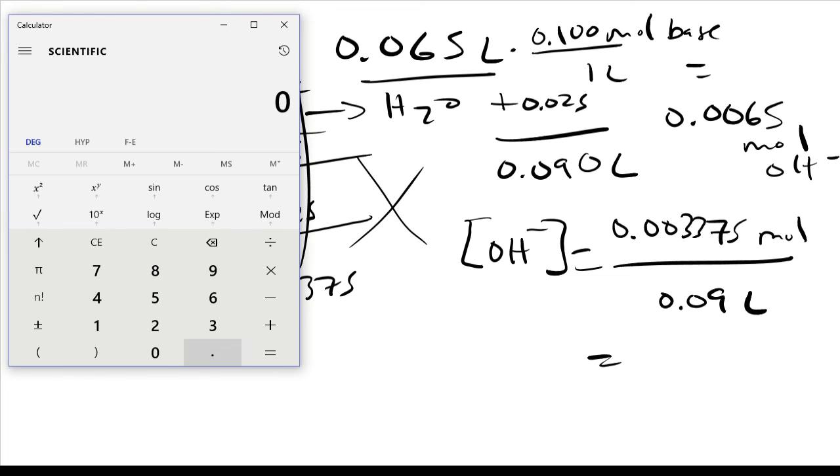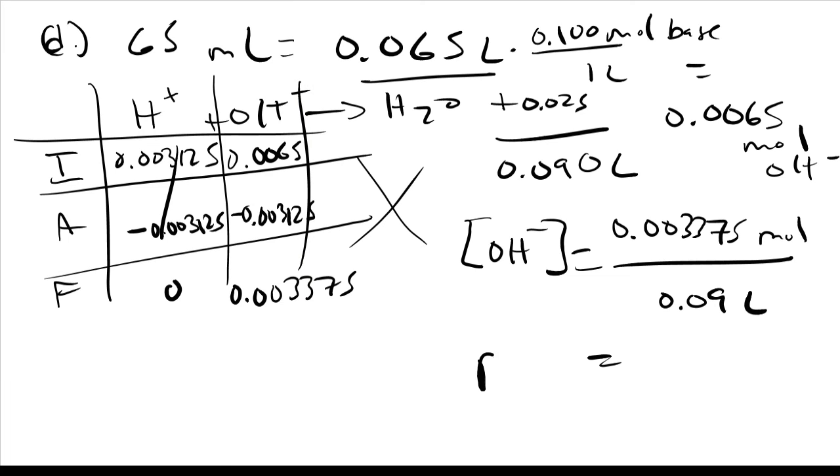Okay, clear that out. Okay, so 0.0375, and let's just do the log of that right away. All right, so we got a pOH of 1.443. We'll round it. So we have a pOH of about 1.43.